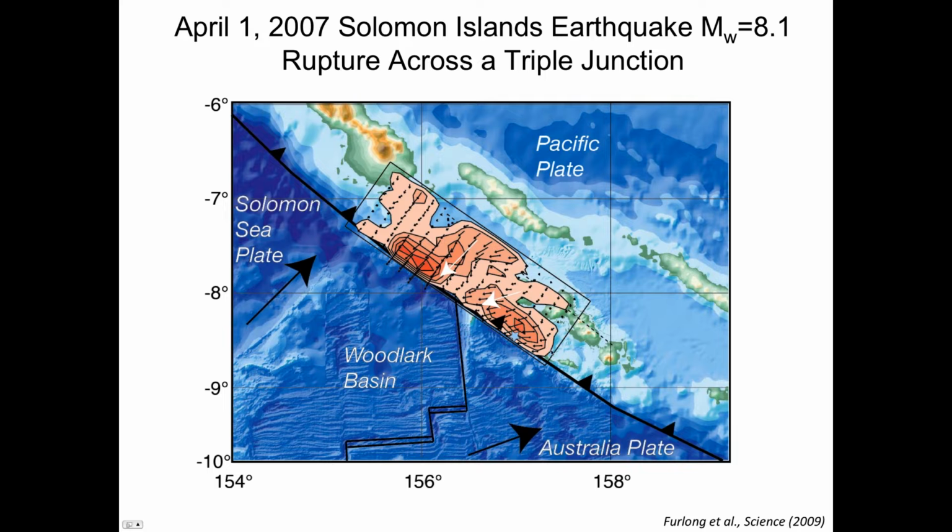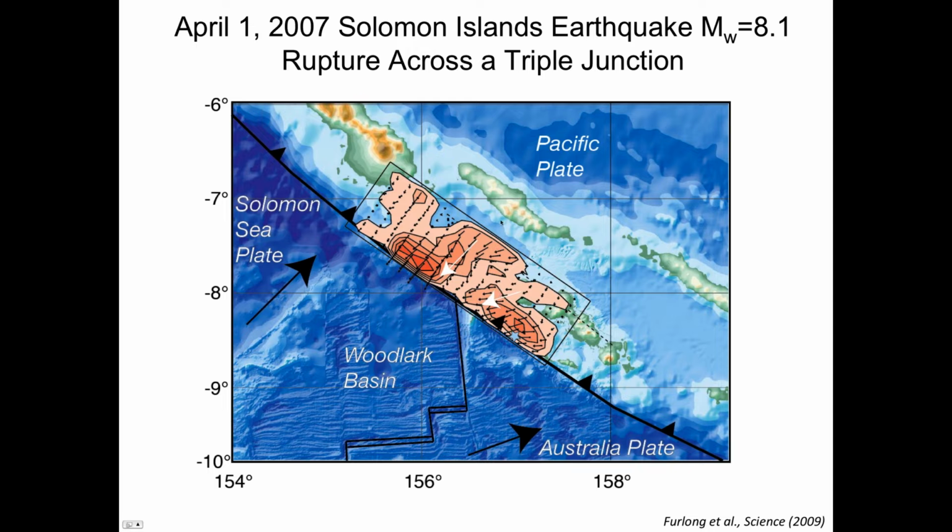And of course, all that was falsified by the 2007 event, which began on the Australian plate subduction side, ruptured a patch here, but then spread right across, triggering another patch over here. There were two large patches, this on the Australia-Pacific boundary, this on the Solomon Sea-Pacific boundary, failing in one magnitude 8.1 earthquake, right across the triple junction, right where we think there is not even slab going down.